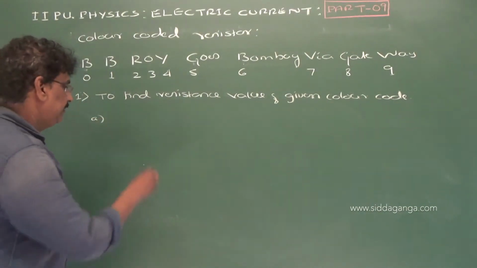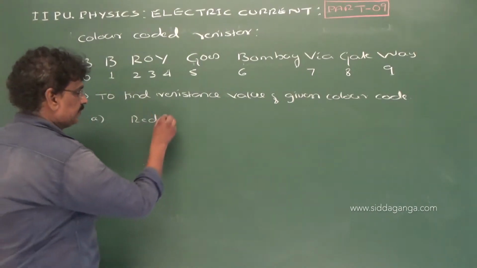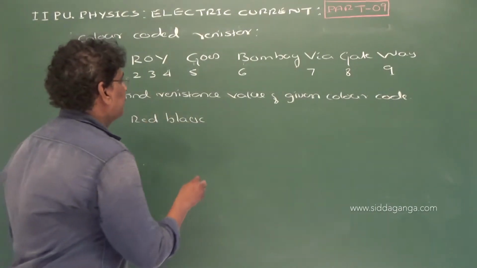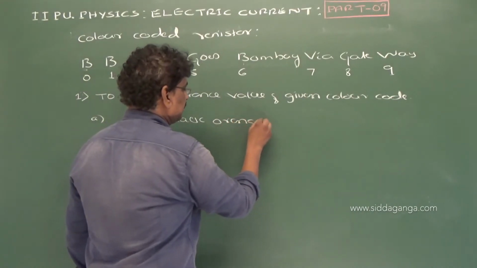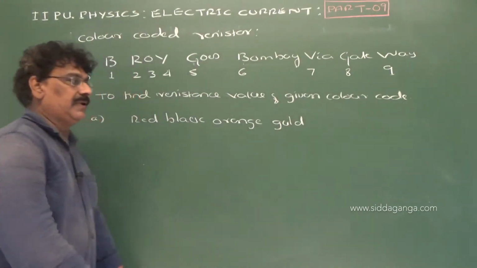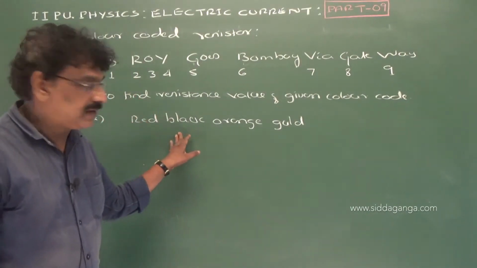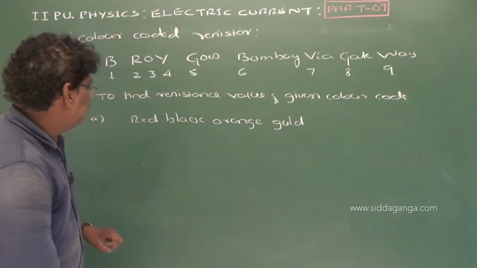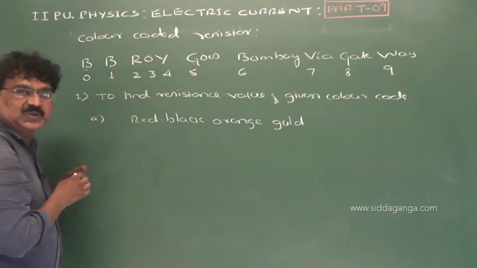Say we are given red, black, orange, gold. We have the color code red, black, orange and gold. Now take this one, B. Roy goes Bombay.